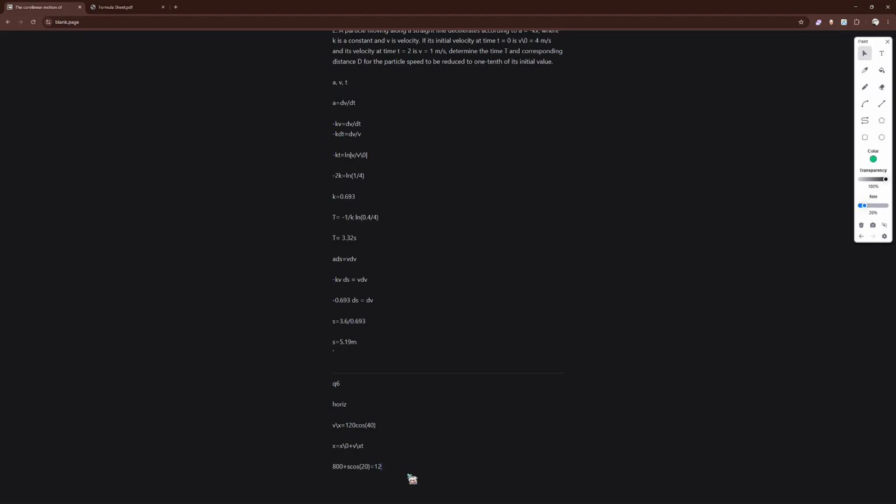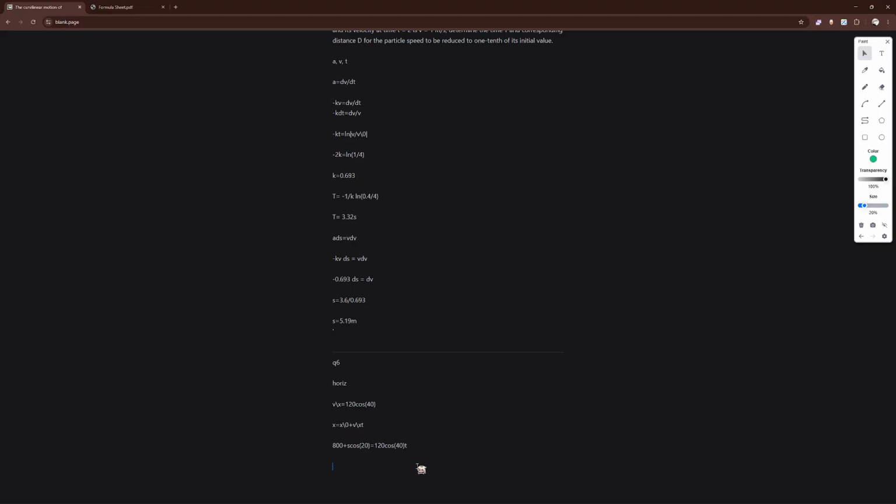What is vt? 120 cosine 40t. Issue. What's the issue? We have two unknowns. We don't know s, we don't know t. This is where we go into our vertical projectile motion to get an answer.